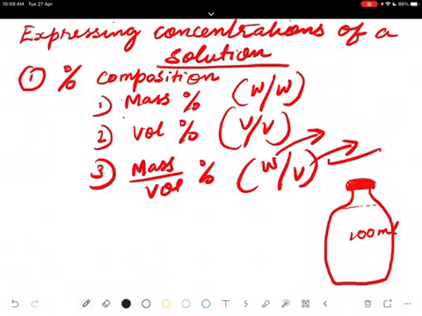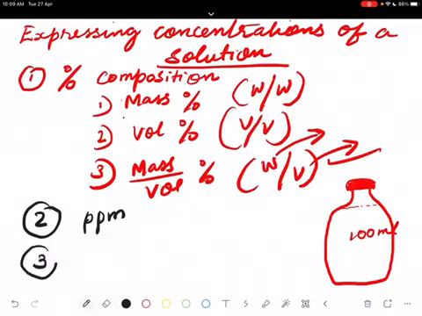Next way of expressing is parts per million. If the solute amount is in minute quantities, we say parts per million. Then mole fraction. Last year we learned mole fraction.